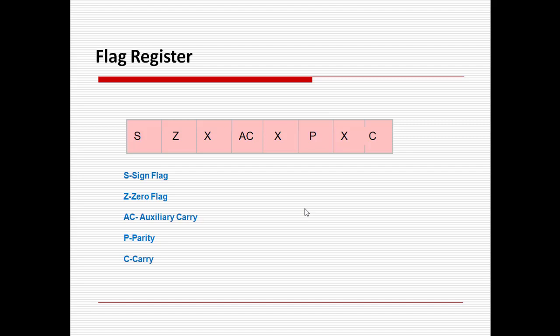For even parity the flag is reset; for odd parity the flag is set. Then the final one is the auxiliary carry. If there is a bit transfer from the third bit to the fourth bit, the auxiliary carry will be set. So the flag register is used to find the status of the answer after arithmetical and logical operations.